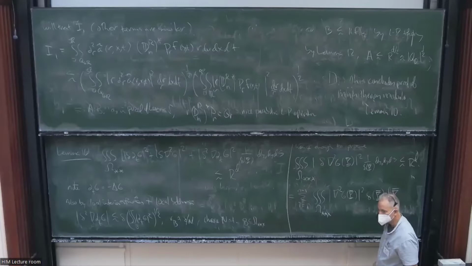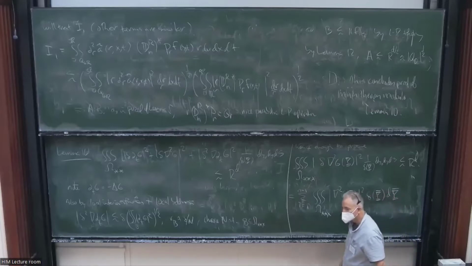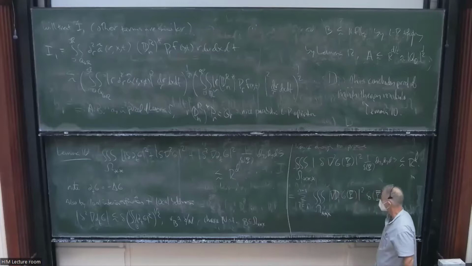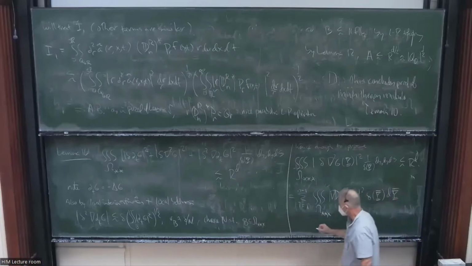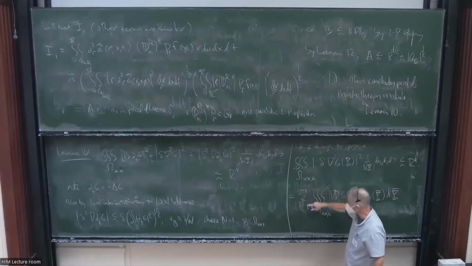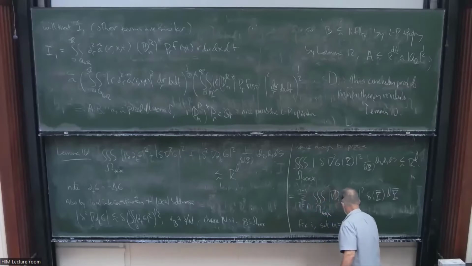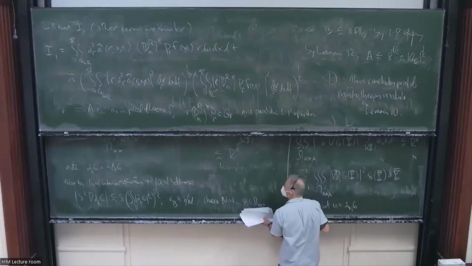Where's the index i? Oh, yeah, thanks. Yes, sorry, you're right. So gradient and then di. And then each of these terms is going to be handled the same way. So I fix an i and set u to be dxi of G.